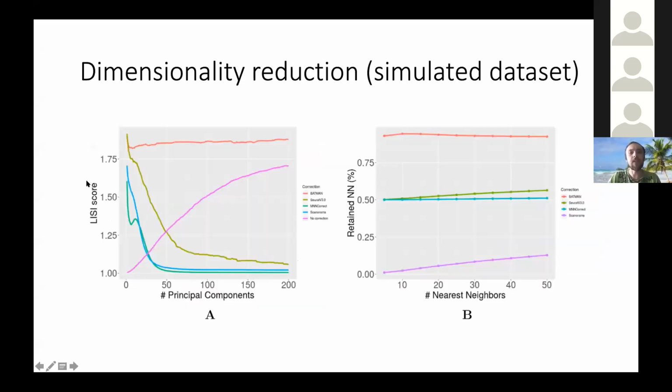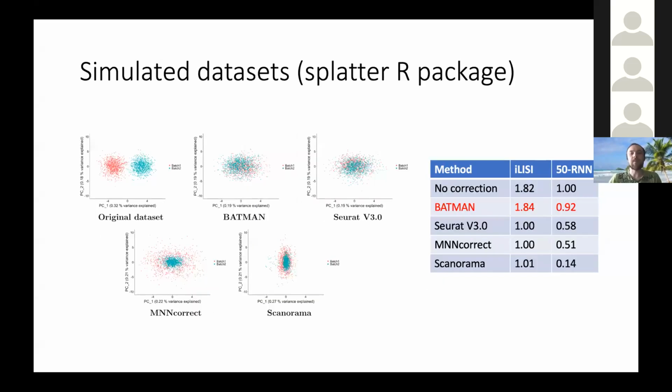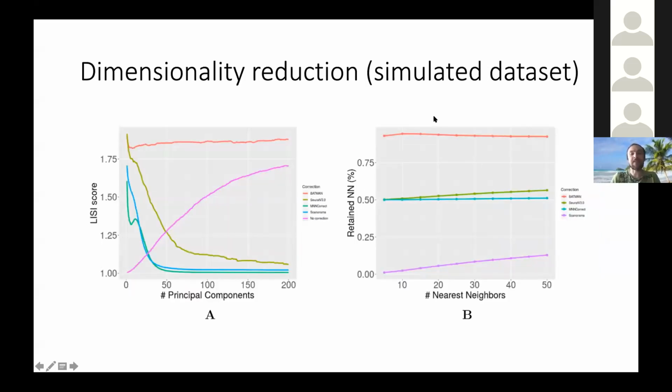So here, in the same simulated data sets, I was looking at the LISI score as a function of the number of principal components that we're using. Visually, when we look at the pictures here, we see that, for example, Seurat was able to do a similar job to Batman, but it worked well only in the couple of top principal components.